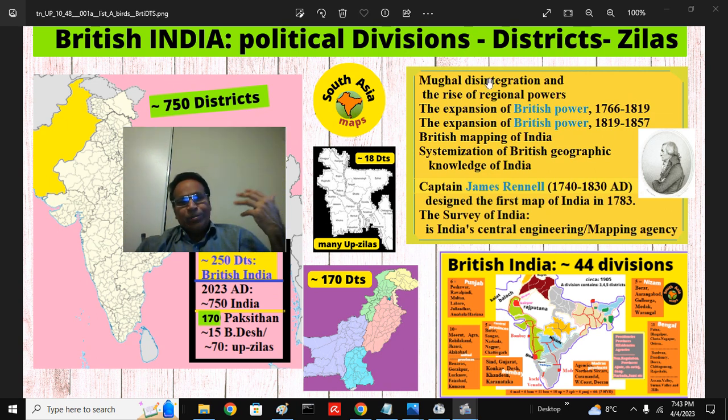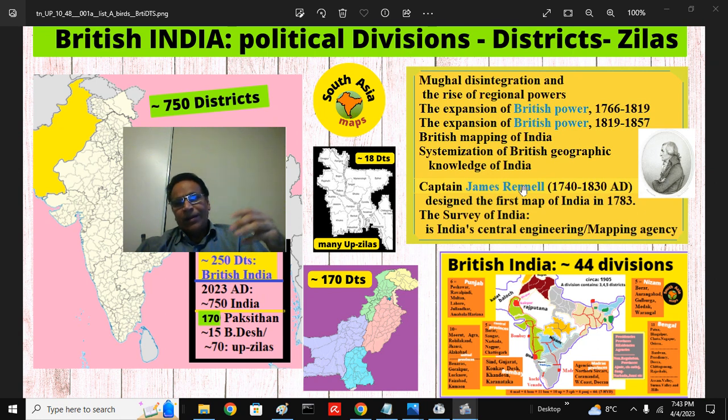That means when the British won the Battle of Plassey in the Gangetic Delta and later annexed a lot of territories, they systematized the geographic knowledge. The prominent geographer first was James Rennell, who worked at the time of Warren Hastings, the first Governor General of Bengal, and started making the maps.